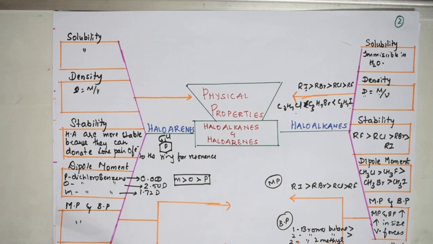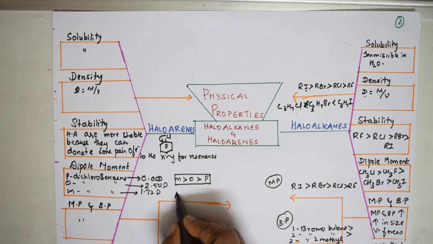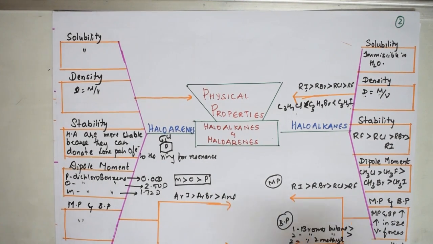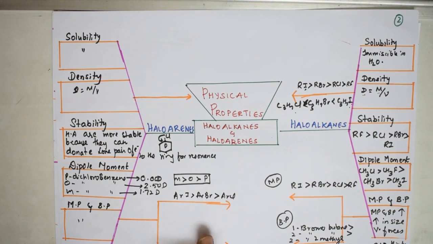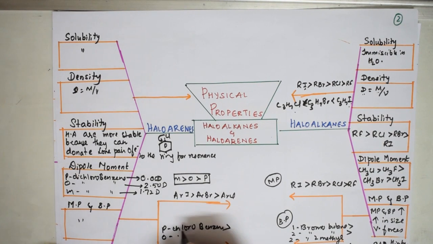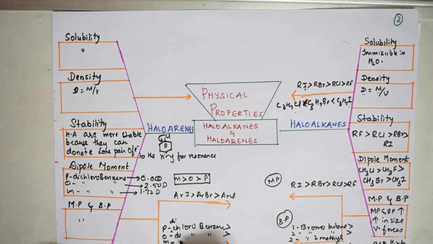When I have to write the boiling point trend for aryl halides, just see students, the same thing: ArI greater than ArBr greater than ArCl. That's over. Now in terms of isomeric halides, remember this. Para dichlorobenzene is greater than ortho dichlorobenzene, which is greater than meta dichlorobenzene.